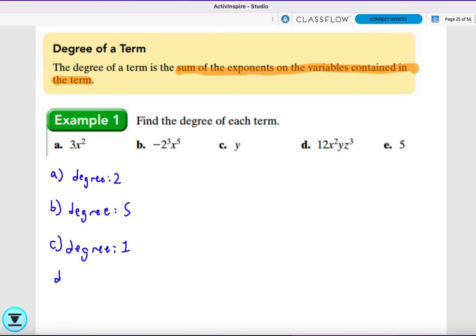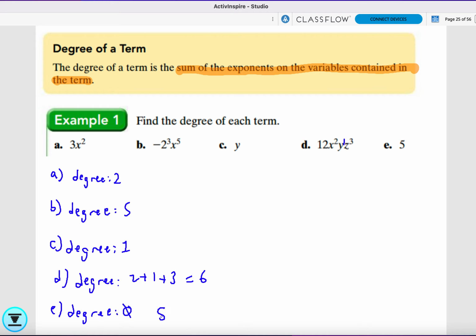What about d? Remember, the degree is the sum of all the exponents of all the variables. So we have a 2, a 1, and a 3. So it'll be 2 plus 1 plus 3, which is 6. And then we have e. There's no letter there, so the degree of a constant is 0.